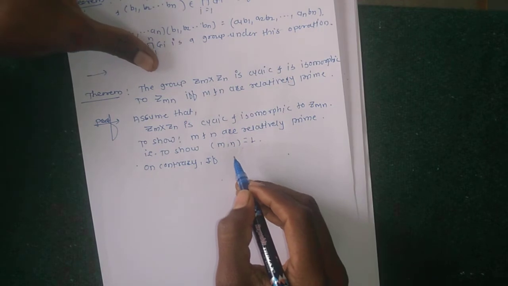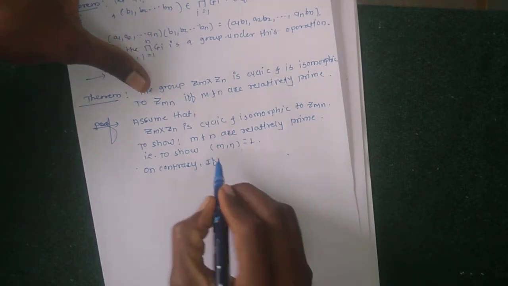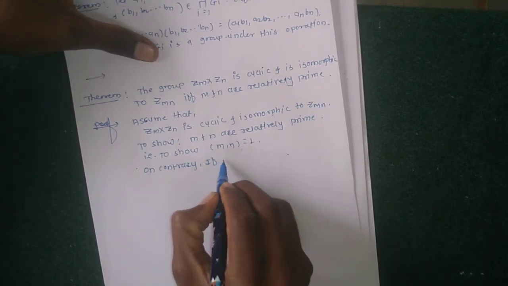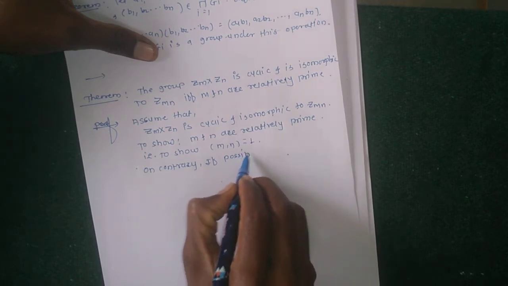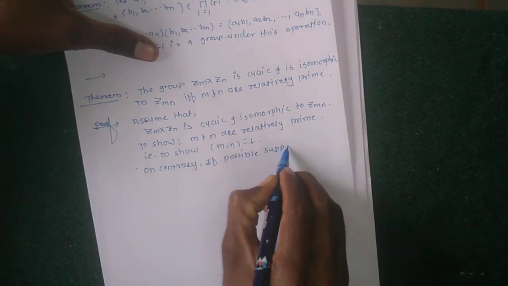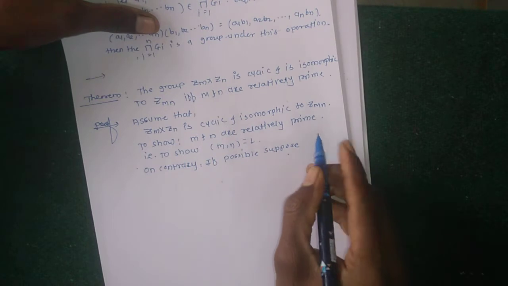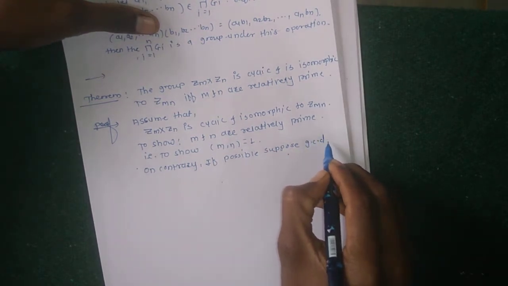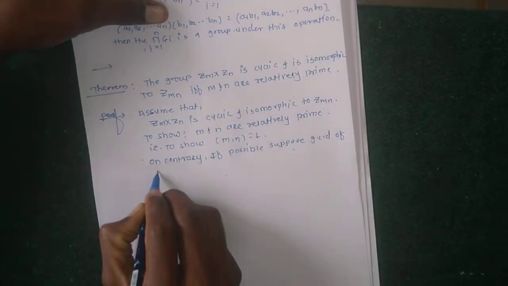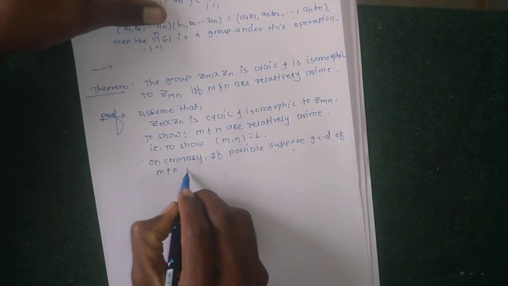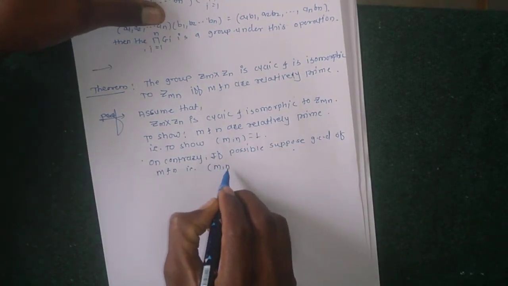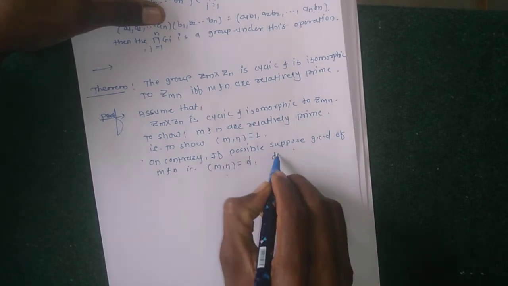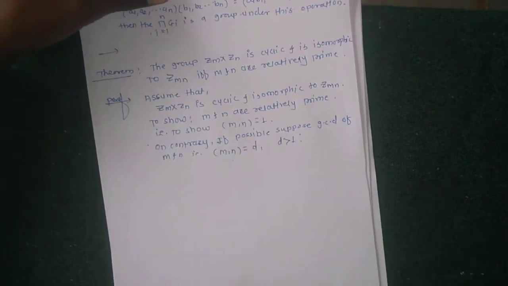Then, if possible, suppose GCD of m and n equal to d, where d is greater than 1.